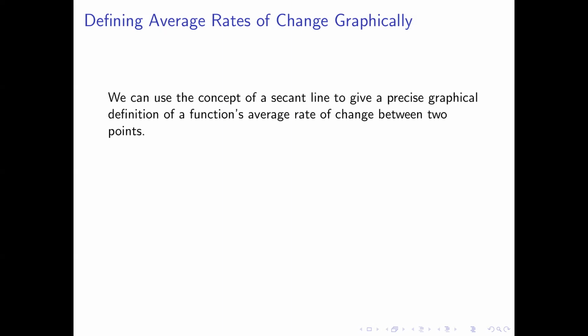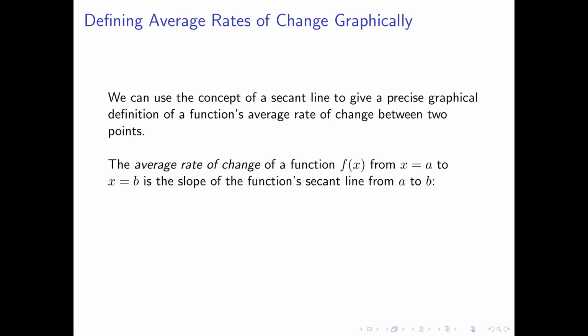Getting back to our main discussion point here, let's define an average rate of change of a function graphically. And to do this, we'll use the concept of a secant line. We will say that a function's average rate of change from where x equals a to where x equals b is the slope of the secant line from where x equals a to where x equals b.